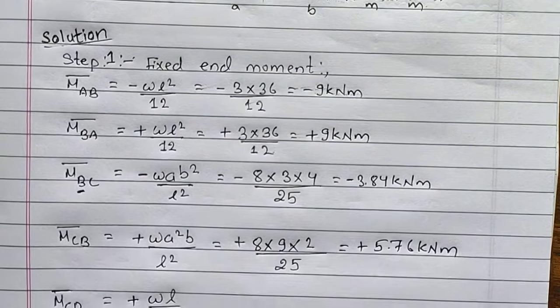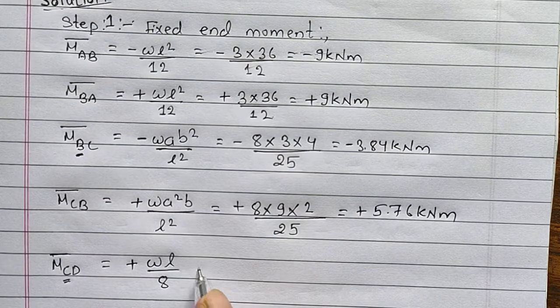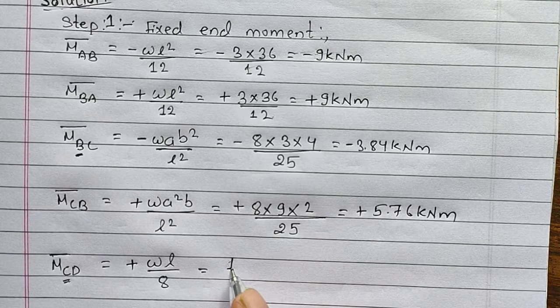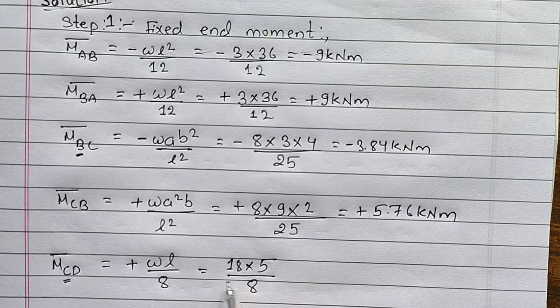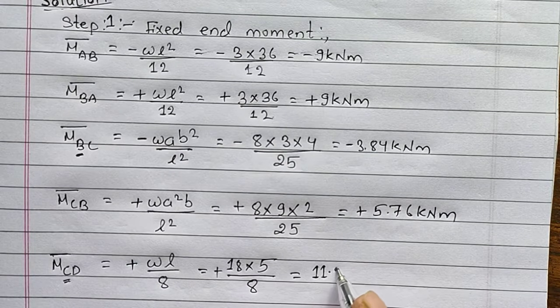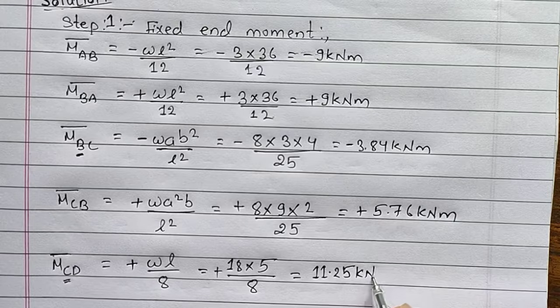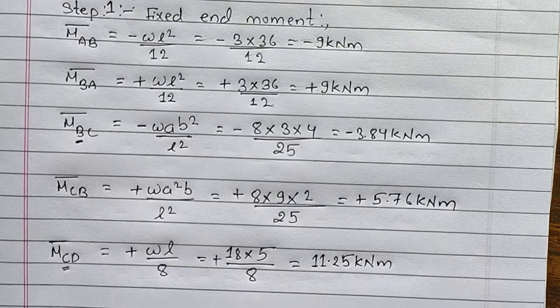So on putting down the value, W is 18 into span is 5 meter divided by 8 and the sign is positive, so we will have here 11.25 kilonewton meter.